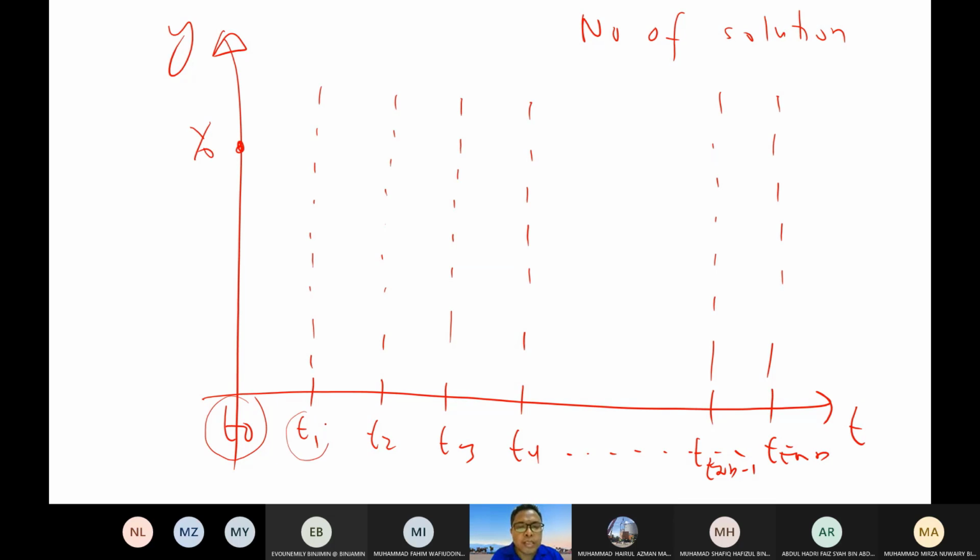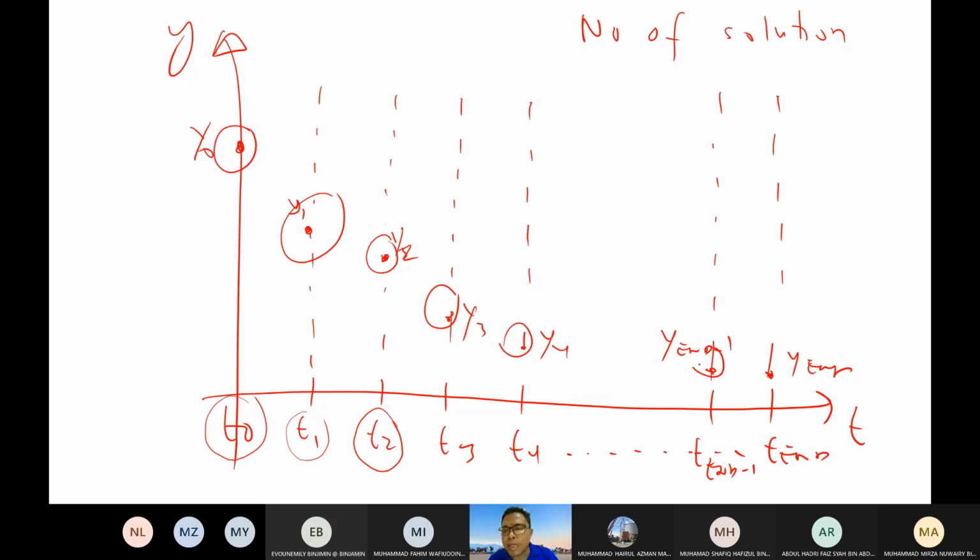At T equal to T1, you get another solution, Y1. When T is equal to T2, you get another solution, Y2. So maybe Y3, Y4, Yn minus 1, Yn. How many points will I have here? The number of solutions, how many points?